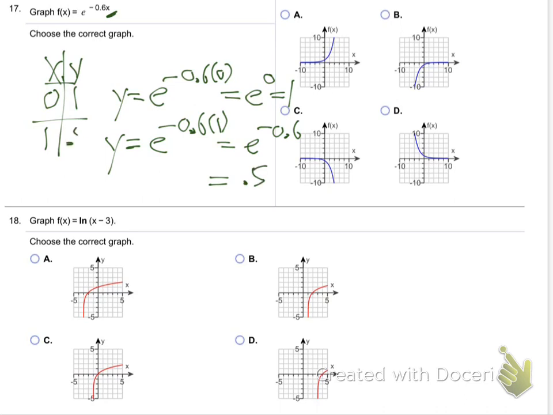I'll just call it 0.5. So the graph then is over 0 up 1, and over 1 up a half right there. So which one of those graphs is going down to the right from over 0 up 1?